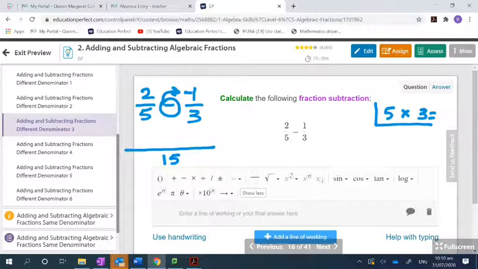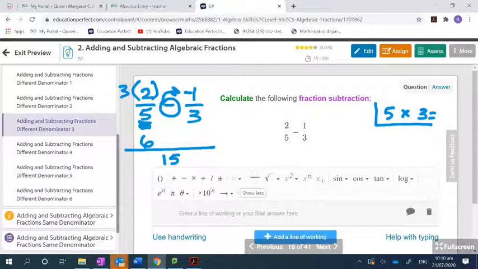If I change the denominator, what else must I change? Numerator. Using the divide, then multiply pattern. So let's do it. 15 divided by what first? 5. 15 divided by 5 is what? 3. 3 times what? 2. The 2 gives me 6.